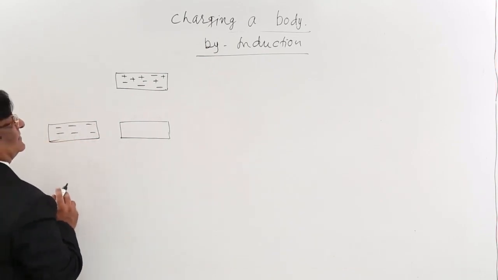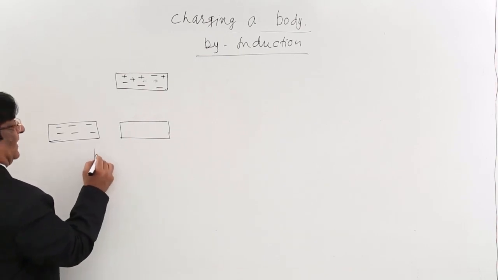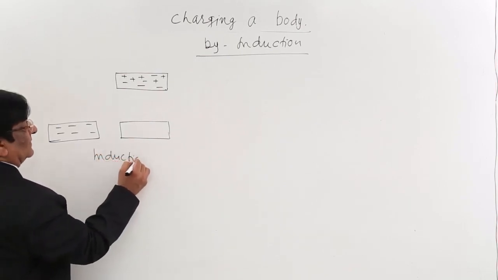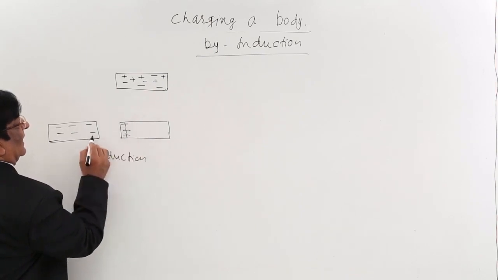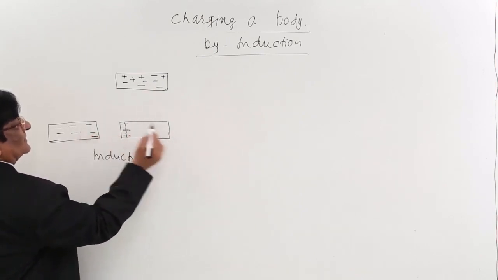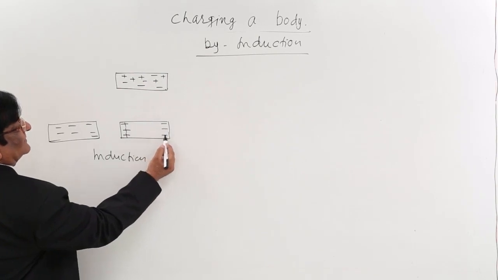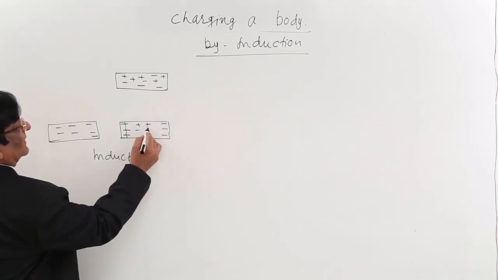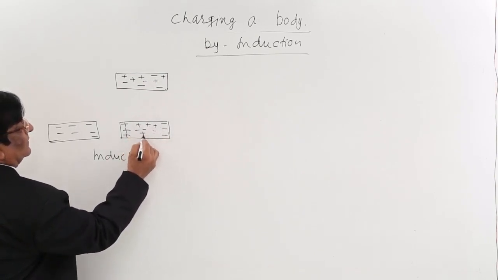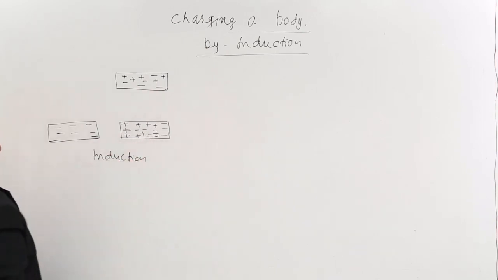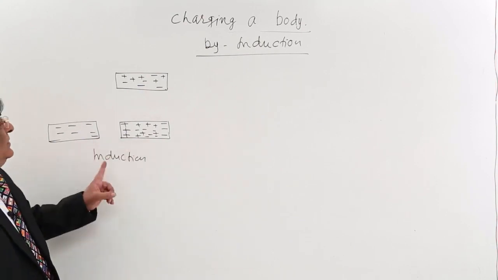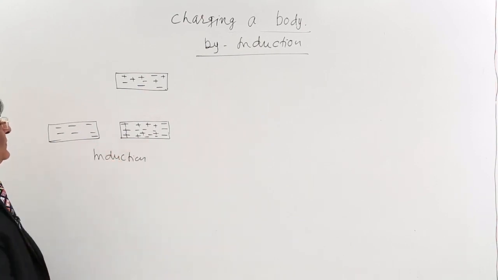If it is a negatively charged body, induction will take place, and in the induction what we see is that positive charges come here and negative charges are repelled on this side, and plus minus both are here like this. Okay, so induction has taken place.